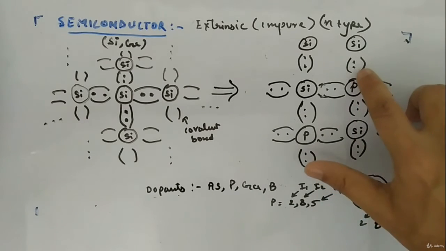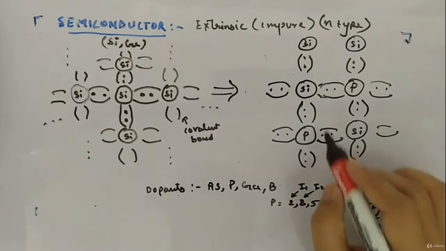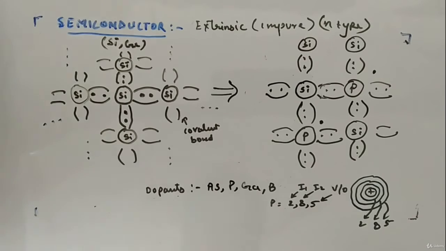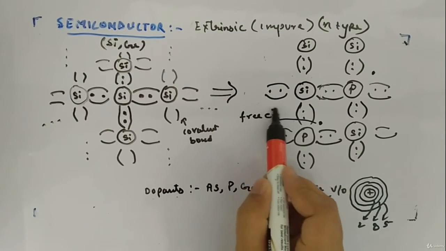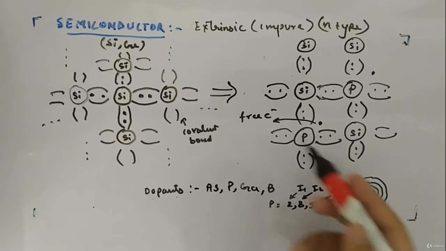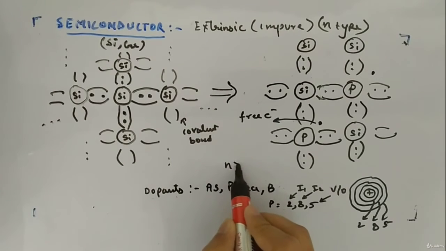So these 4 are occupied, but 1 out of 5 will be remaining. Okay, 1 electron remains outside the phosphorus, and this will make a free electron. Just like we had free holes in p-type, we are getting free electrons. Okay, and this will make n greater than p.